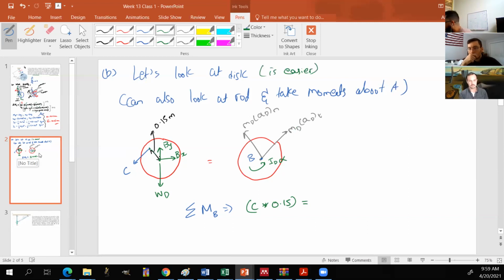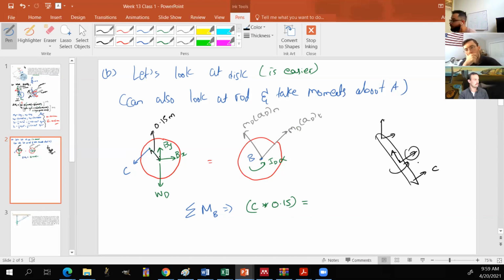Because if you look at the rod, you won't have to worry about those, but you'll have to worry about this acceleration term, which is okay, right? But it's just more work to do, right? And you'll have the reaction force C over there. So, I mean, you're just adding an extra term in there, basically. And then you'll obviously have the I alpha term too. All right, so looking at the disk is a little bit easier.